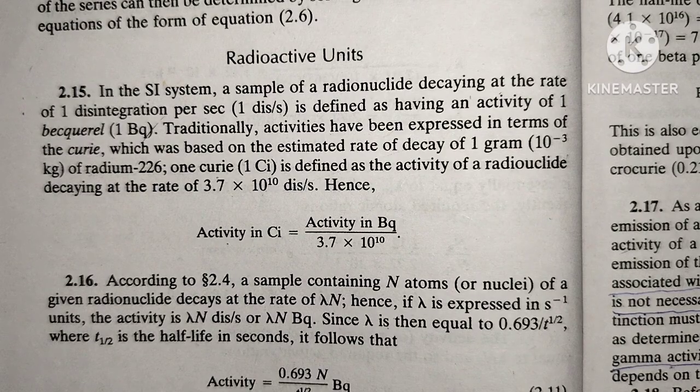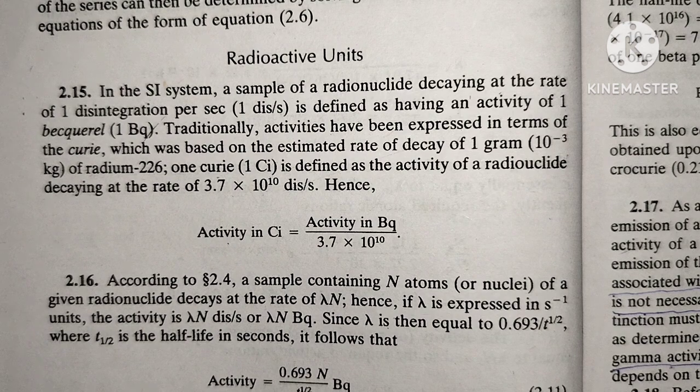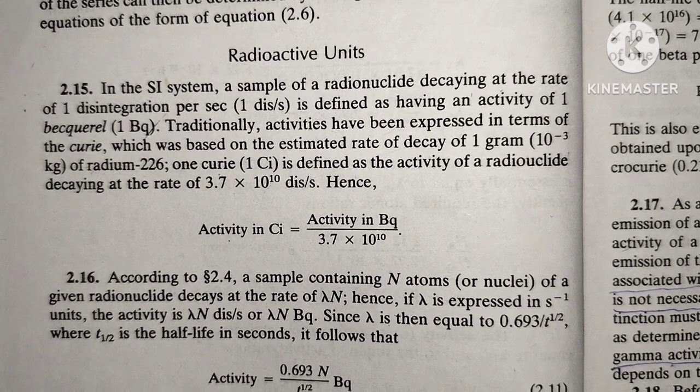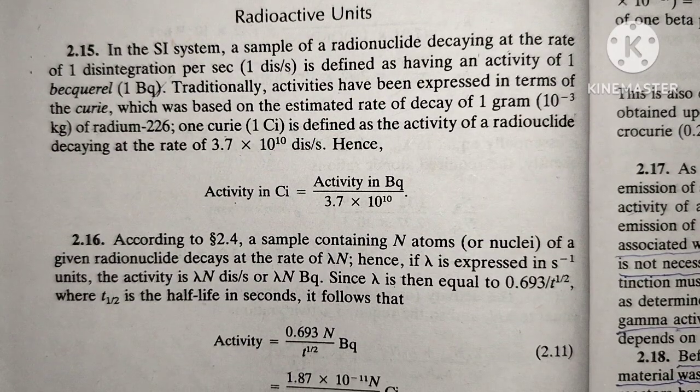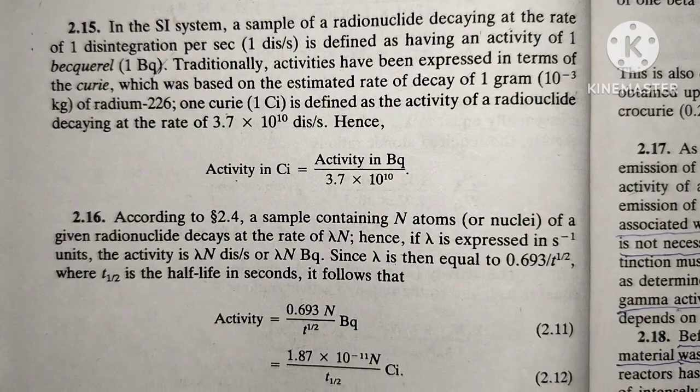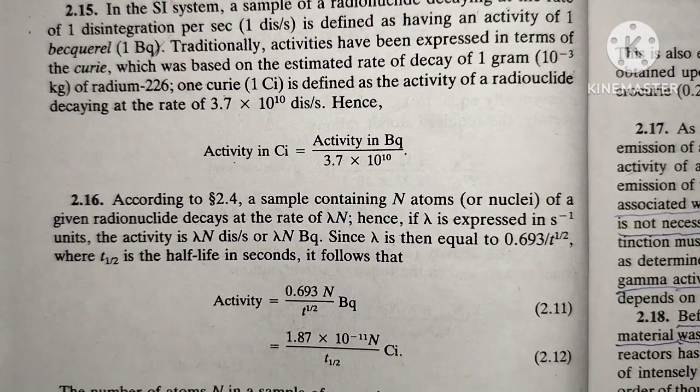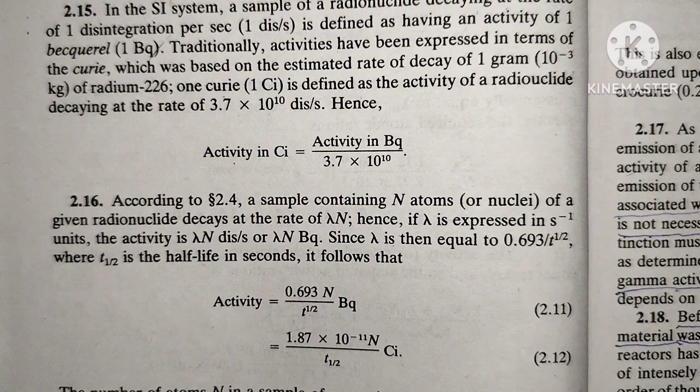Okay. In a general situation, if you want to calculate activity in terms of Curie or becquerel, and the half-life and number of radioactive nuclides are given, you know activity is lambda into N. So lambda is equal to what?